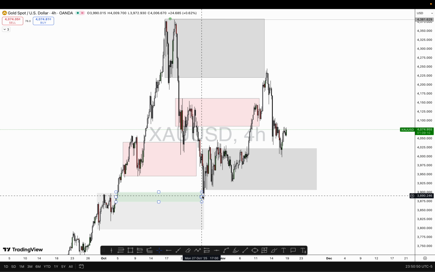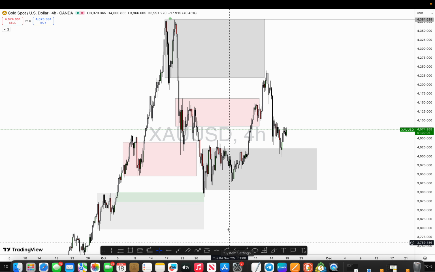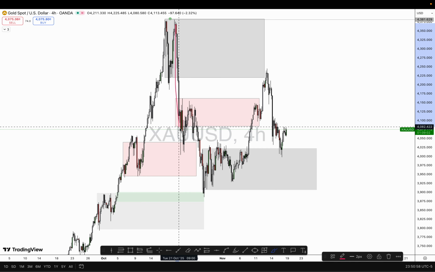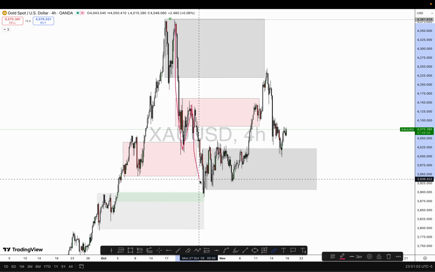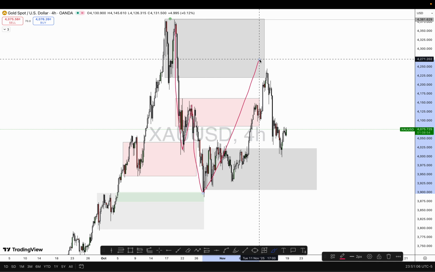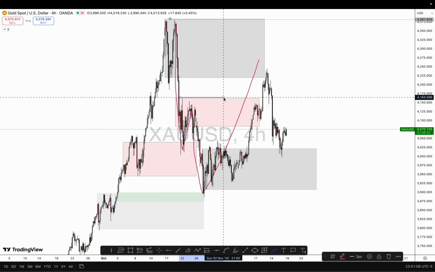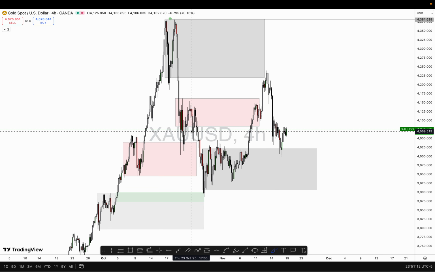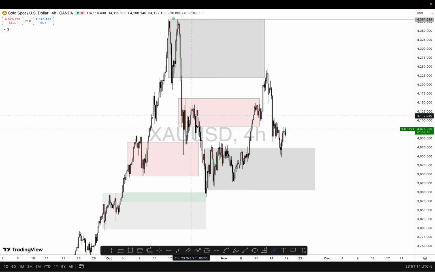So we had impulse, pullback, impulse. This high was broken, right? So we could say the 4-hour is bullish.